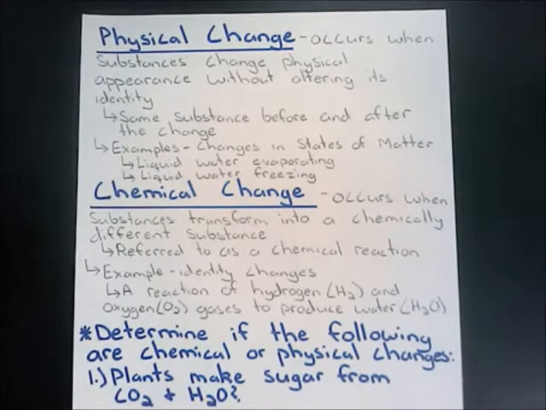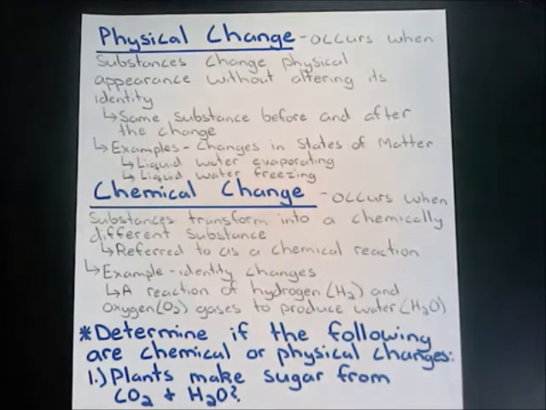When this reaction occurs between hydrogen H2 and oxygen O2, you can see that the result is a totally different substance just by looking at the components involved in that substance. H2O has a different composition than either hydrogen or oxygen alone.